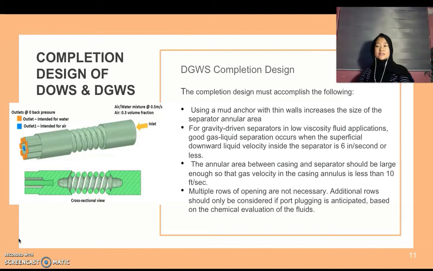And then the separation will occur when the superficial downward liquid velocity inside the separator is 6 inches per second. The third is that the annular area between the casing and separator should be large enough. And the fourth, multiple rows of openings are not necessary, as plugging is anticipated based on the chemical evaluation of the fluids.